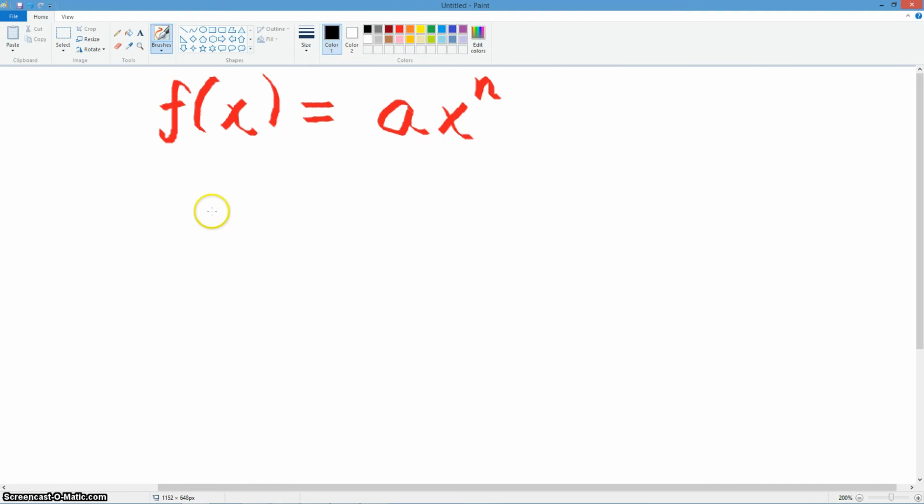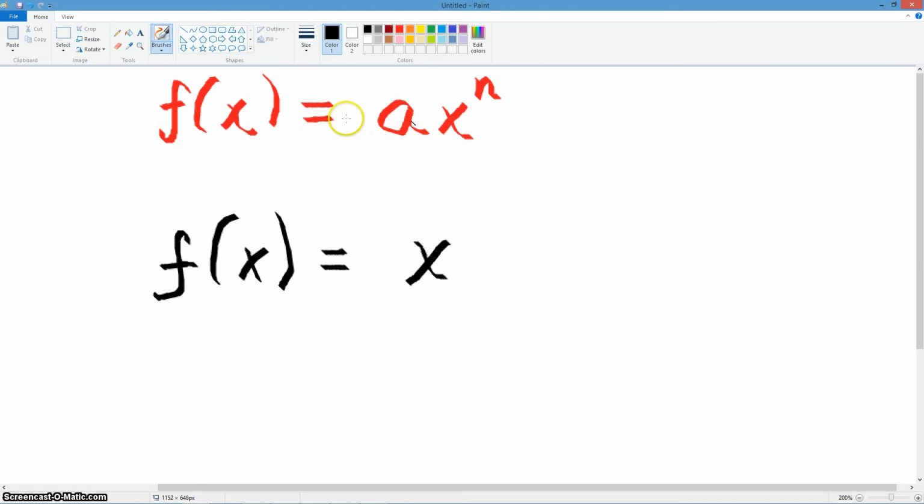And I'm going to give you a parent function, which you should know what it is. And it's f of x is equal to x. Now, we all know that f of x is just a fancy way of saying y. So in other words, in this case, I have y equals x.